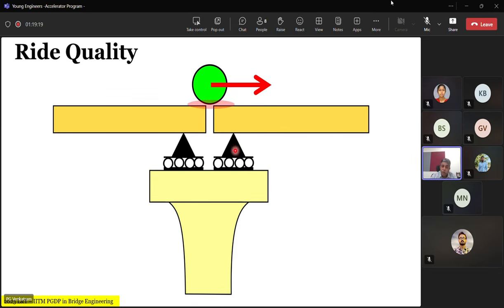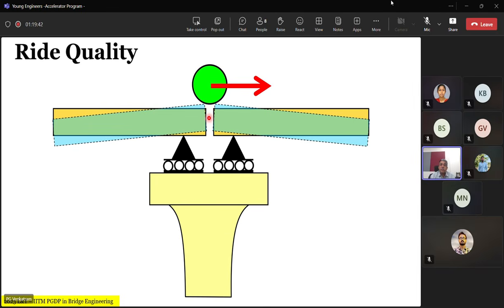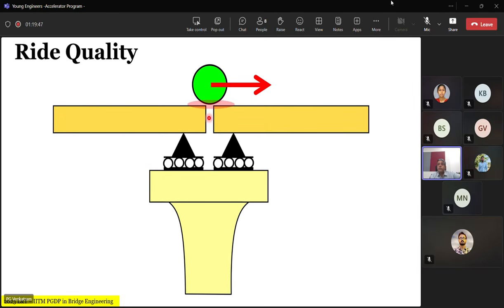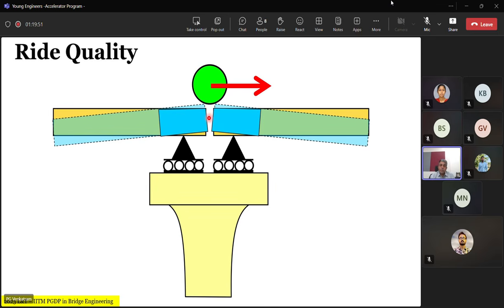So the tire makes noise every time it goes over the gap, not because the joint is loose, but because the rubber of the tire, from flat, becomes rounded locally. It pushes the air underneath it, a sudden increase at high speed, and that noise is larger at higher speeds. We are going in for higher and higher operational speeds on our bridge decks. So all joints introduce noise, and all joints introduce a reduction in the ride quality.